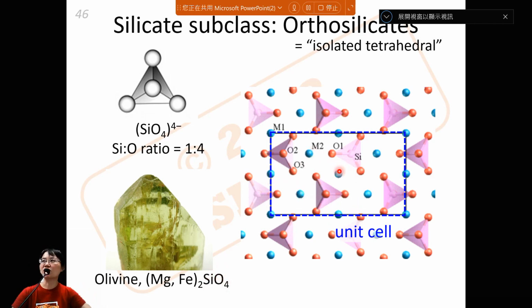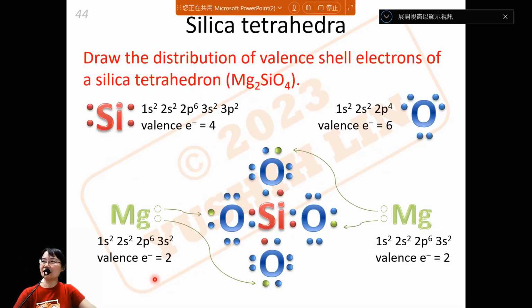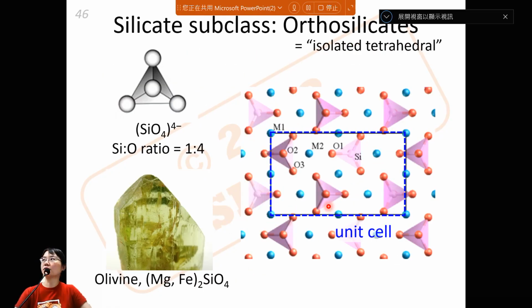They are external ions, magnesium, like what I drew here. It's outside the tetrahedron. It's near the tetrahedron and donating its electron to the oxygen to balance the charge. If you understand the octets here, you will understand the structure here. The external metals stick into the interstices of the polyhedron. That's the chemical nature of olivine or orthosilicate.